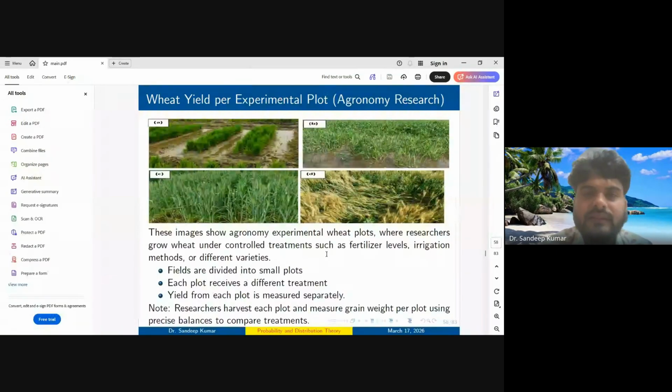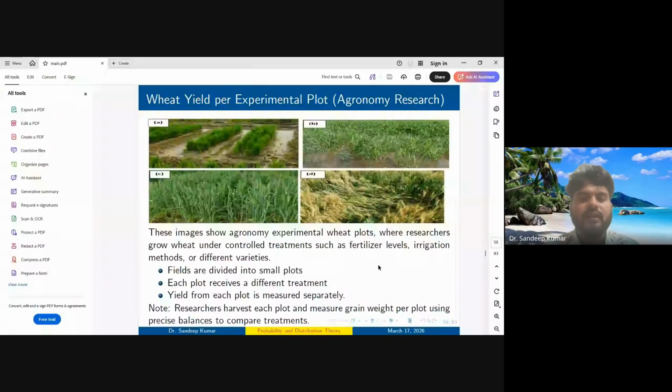And this is a real-life example in the agriculture sector. Basically, there are four images: A, B, C, D. These images show agronomy experimental wheat plots where researchers grow wheat under controlled treatments such as fertilizer levels, irrigation methods, or different varieties.